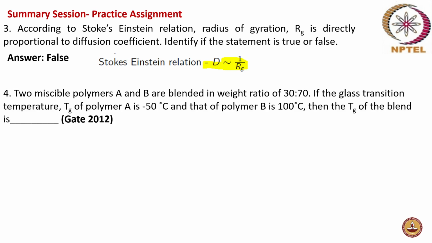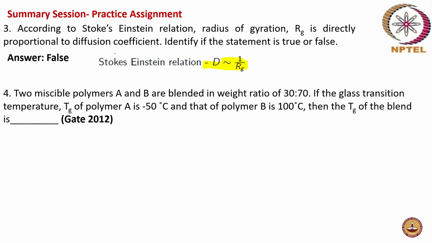Two miscible polymers A and B are blended in the weight ratio of 30:70. If the glass transition temperature Tg of polymer A is -50 and that of polymer B is 100, then the glass transition temperature of the blend is dash. This is a GATE 2012 question. So we have a polymeric blend of A and B where A is 30% and B is 70%.